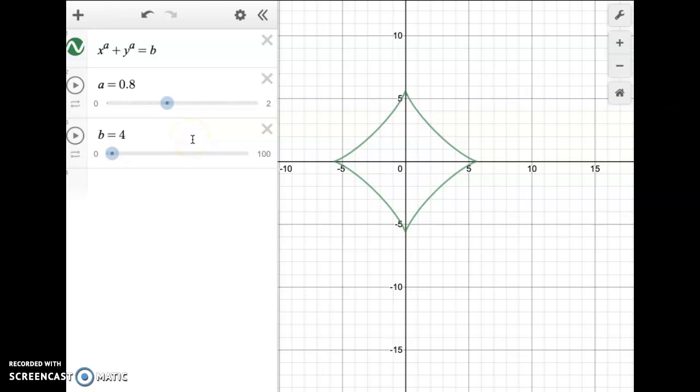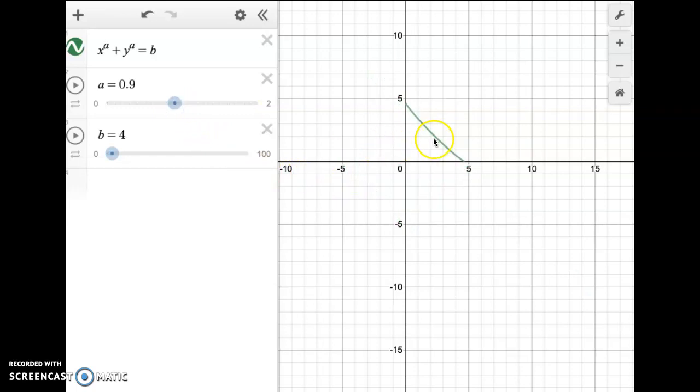So they might just curve more into the origin or away from the origin depending on the decimal's location in reference to 1. So if it's greater than 1, it's going to go away from the origin at a faster rate, or if it's less than 1, it's going to go towards the origin at a faster rate. So let's see if that happens.